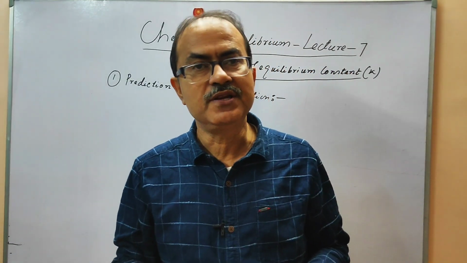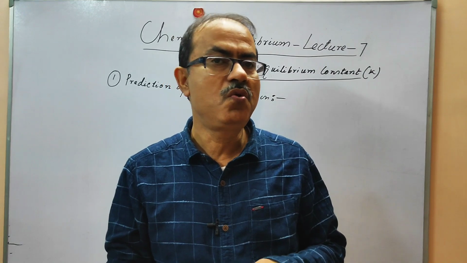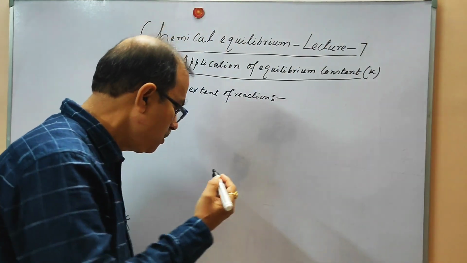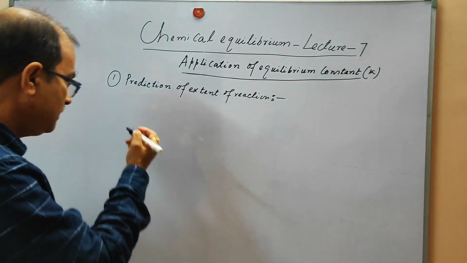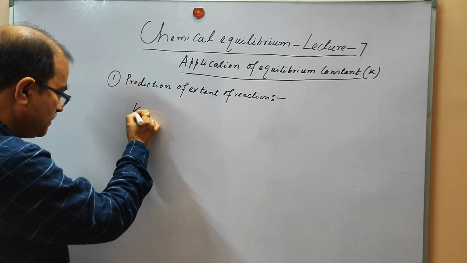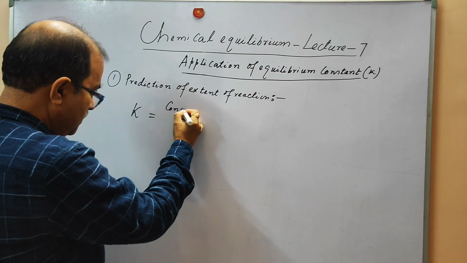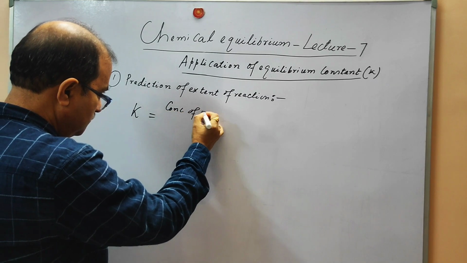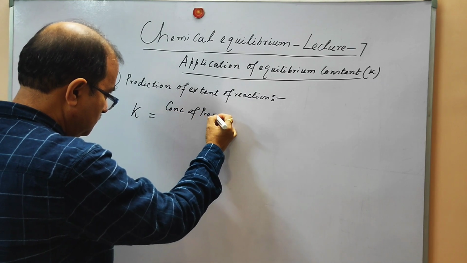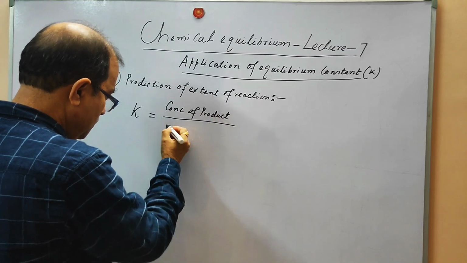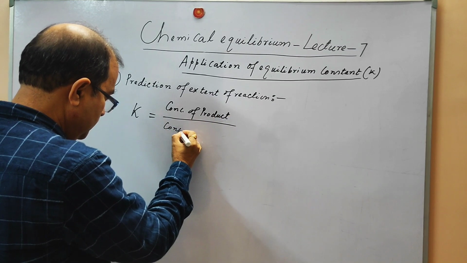So the equilibrium constant is basically the ratio. Equilibrium constant K is the concentration of the product divided by the concentration of the reactant.